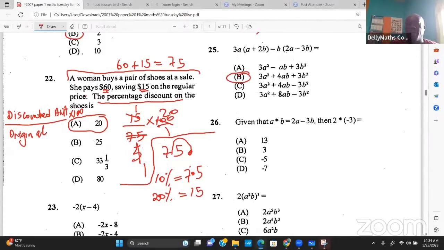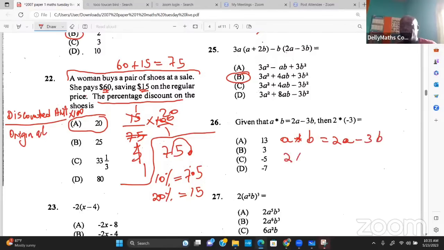All right, let's go. 26 says, given that A asterisk B is 2A minus 3B, then 2 asterisk negative 3. I'm saying that always set these up, and you can do a quick substitution. Make sure that you're following your algebra.